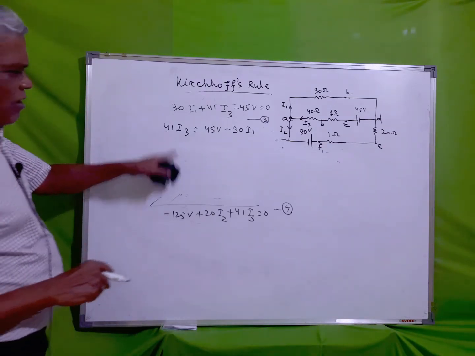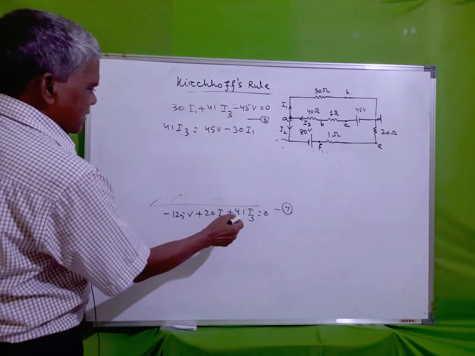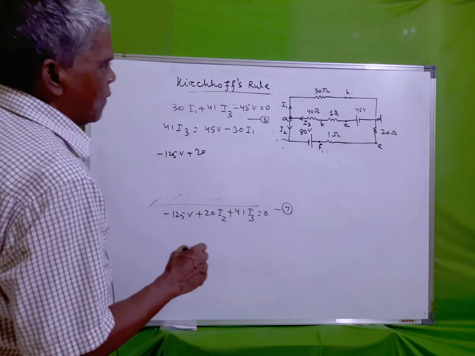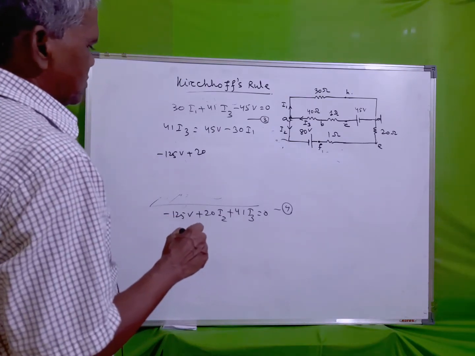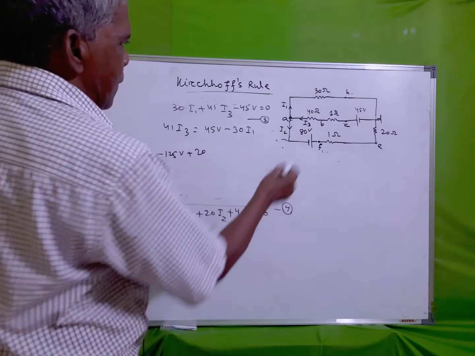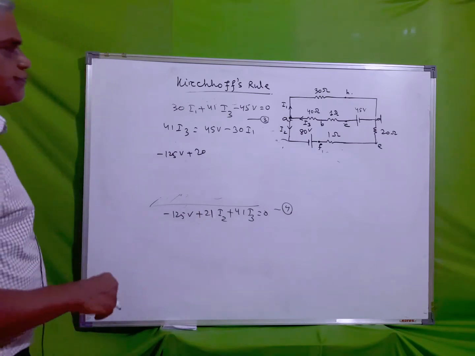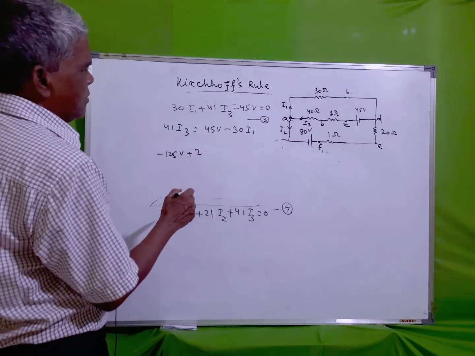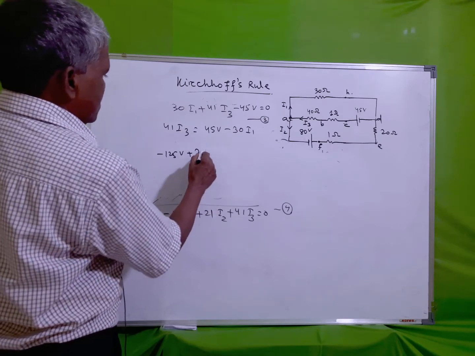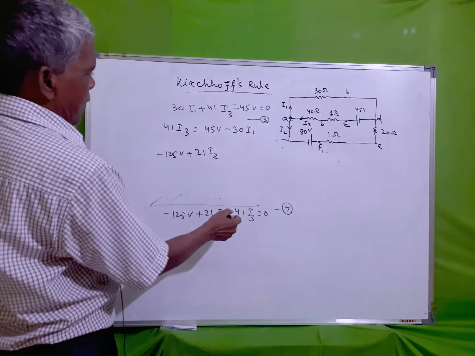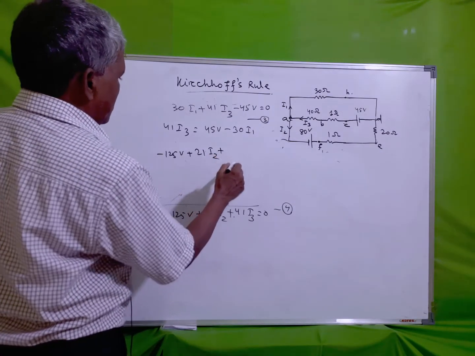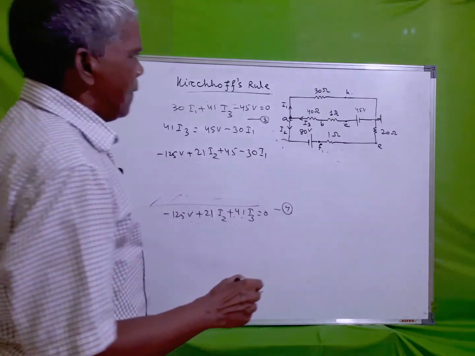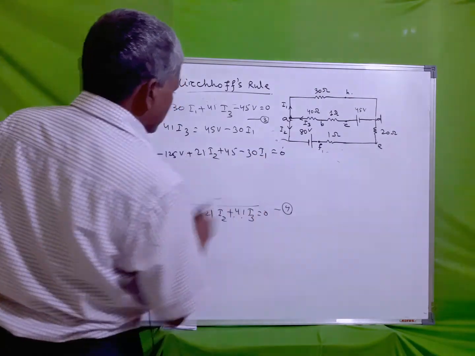Now if we substitute the value of 41 I3 here, we get minus 125 volt plus 21 I2 plus 45 volt minus 30 I1 is equal to 0.